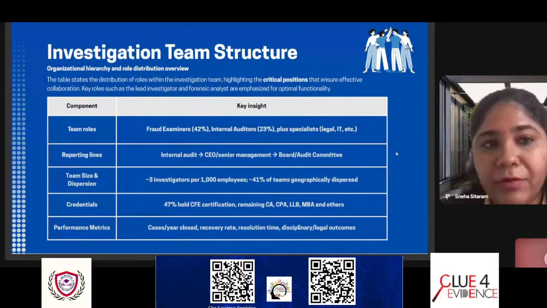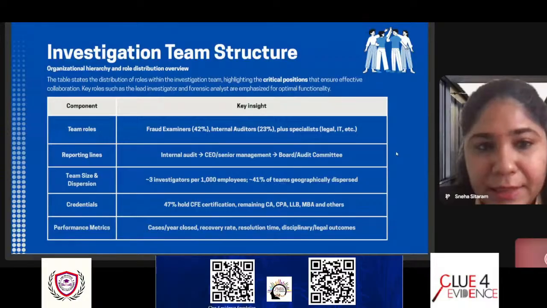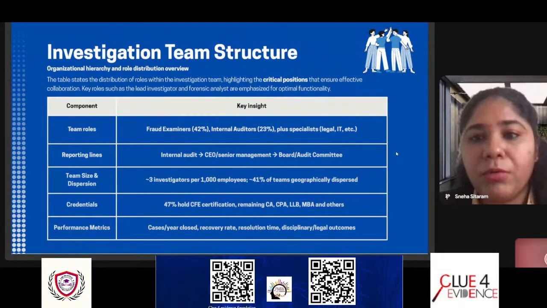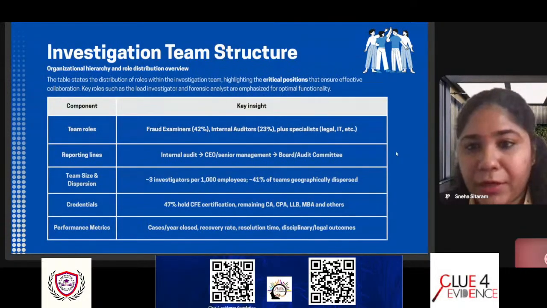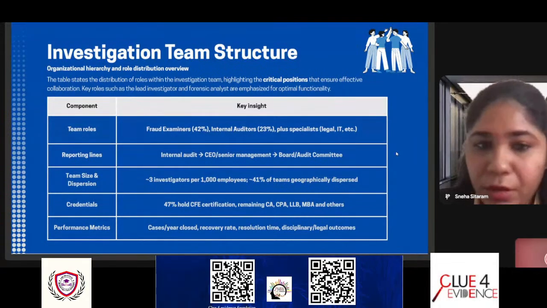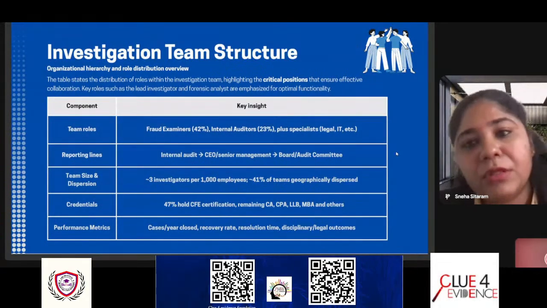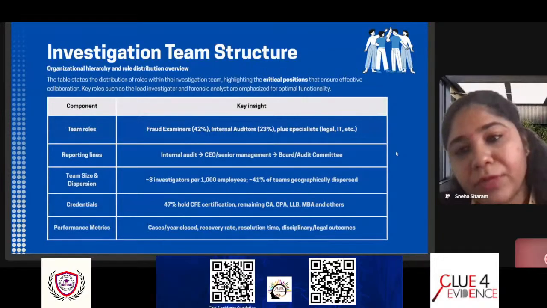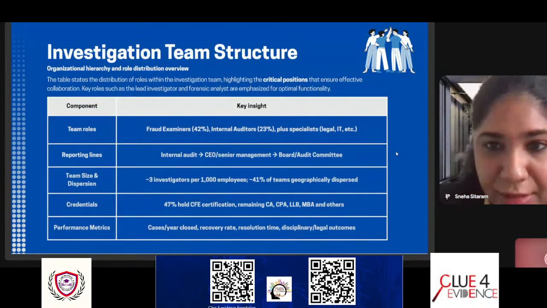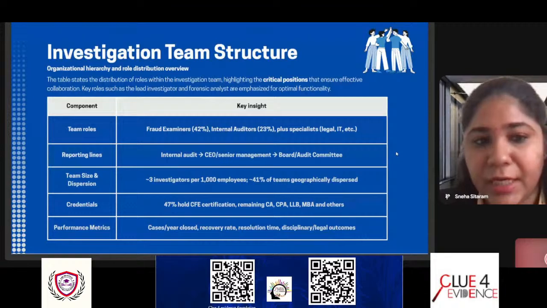The cases can range from simple, or straightforward, to complex as well. So depending upon the complexity and how much of the team members' time is involved, the team can be framed. This applies to both internal investigators and external investigators.